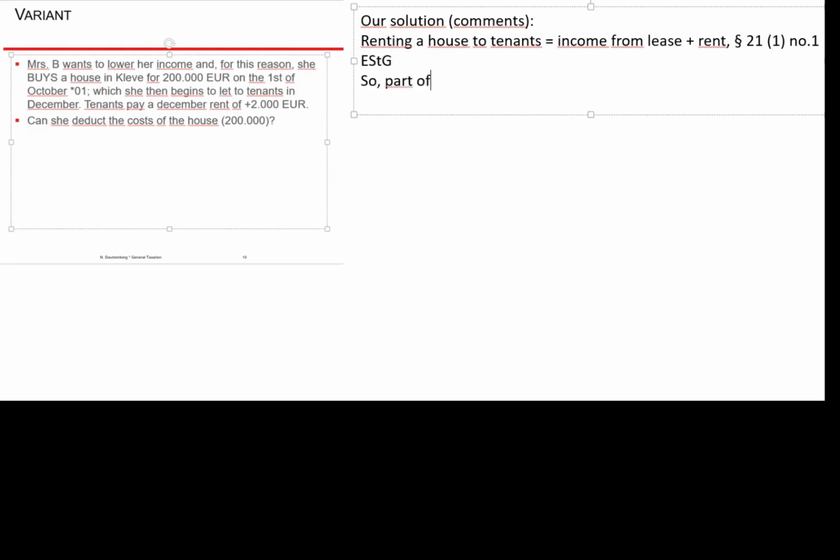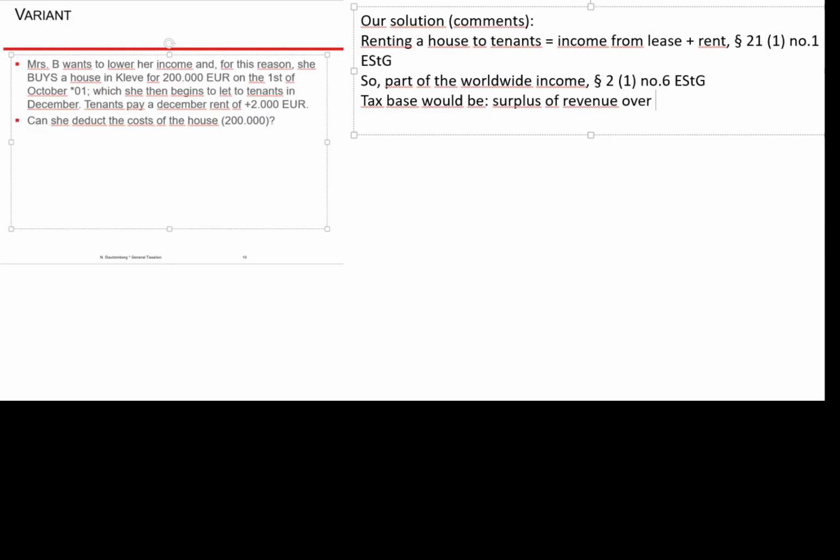So it would be part of the worldwide income under 2.1 number 6 ESDG. That's absolutely right. The tax base would be the surplus of revenue over income related expense. That's paragraph 2.2 number 2 ESDG, where you can get that definition from.